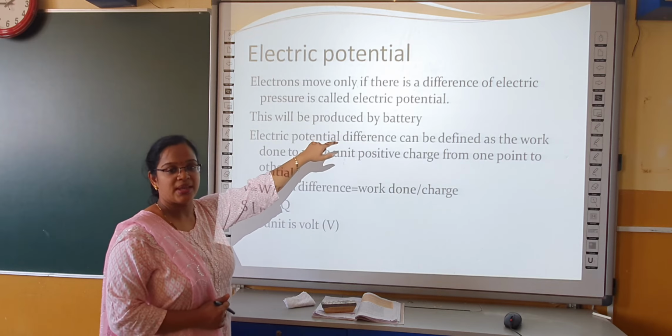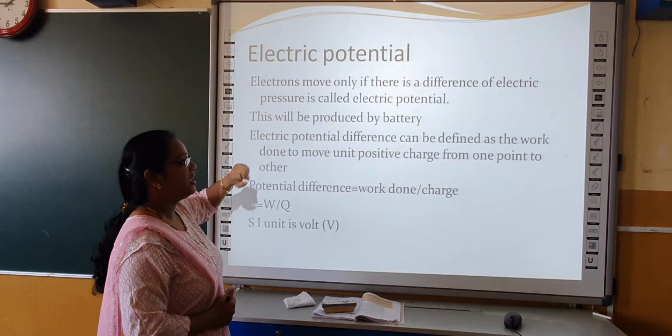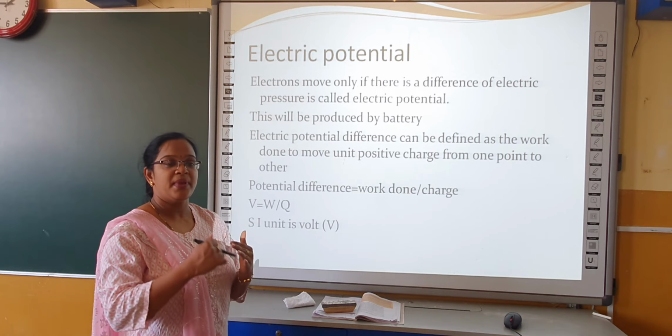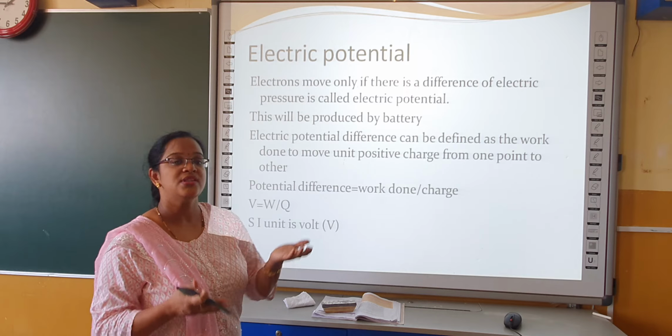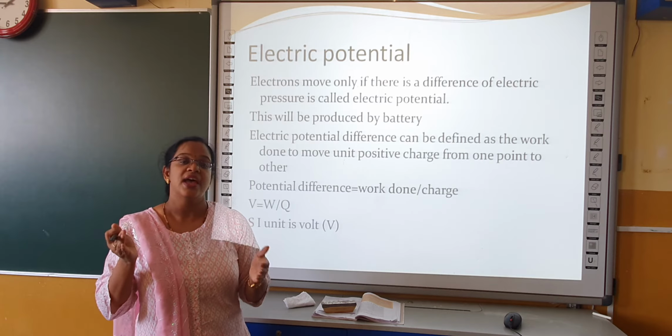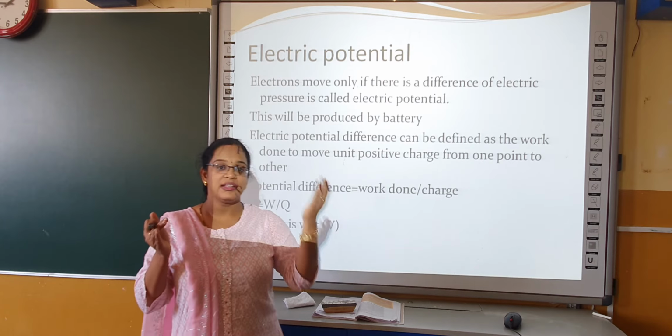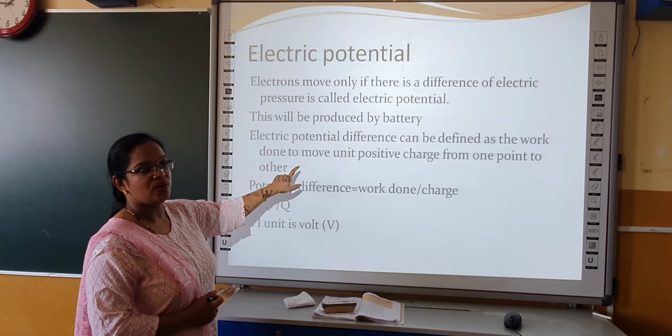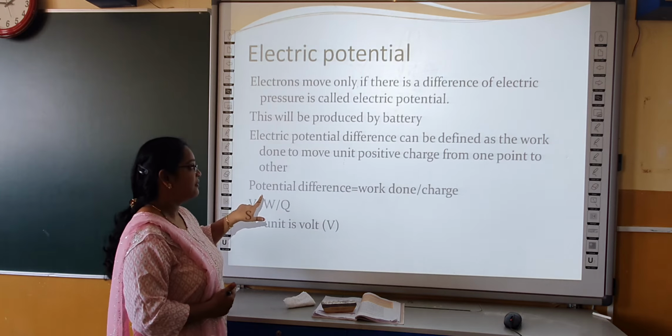That's why we use a battery in an electric circuit. The electric cell or battery maintains the potential difference, that means at one end of the conducting wire there will be a richness of electrons, and at the other end very few electrons. Then electrons move from the higher level to the lower level, from the electron-rich area to the electron-less area. So that is called a potential difference.